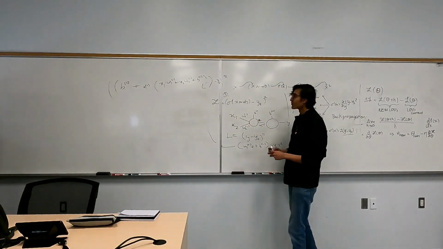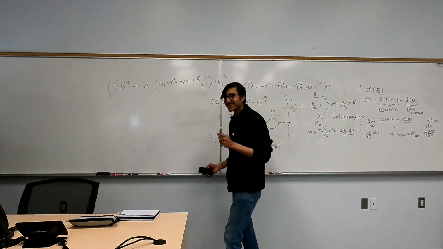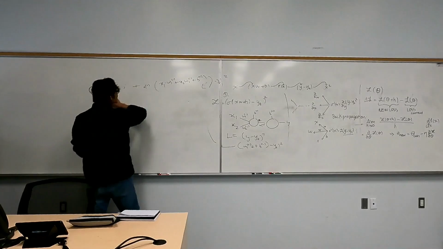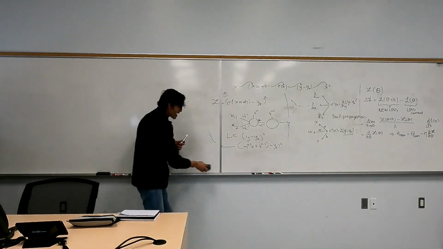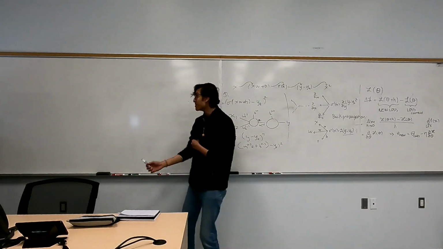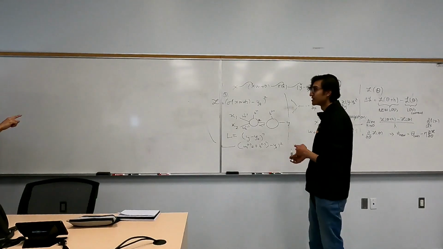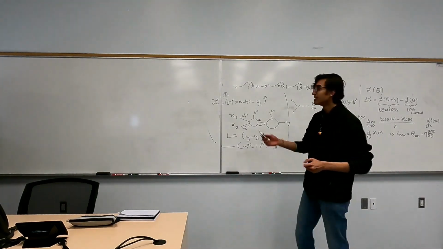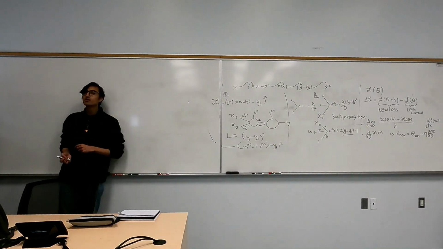I'm thinking of another way. So this was a backward pass. Now I'm going to make this even more complicated. I'm going to do 3, 2, 1.